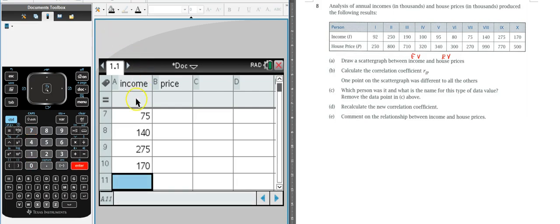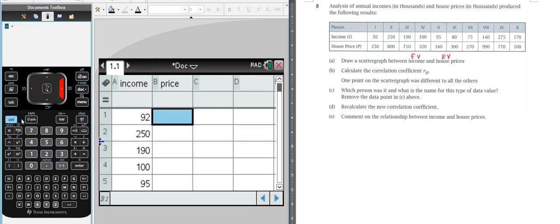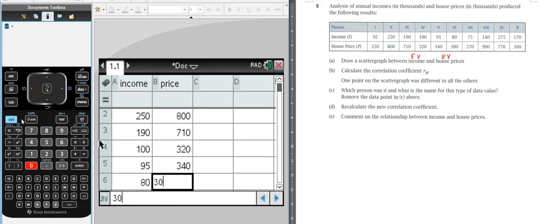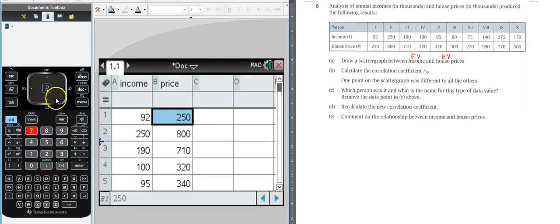So once you finish keying until 10, go back to the first value, Control 7. Okay, continue key in. And you go back, Control 7. So right now, I want to draw a scatter plot. So you see, I'm using the calculator.